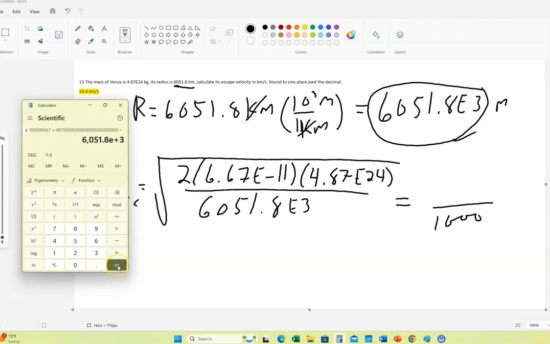And so we're going to say equals, but this is what's going to be underneath the radical. So then we take the square root of that answer. All right, and so there it is.